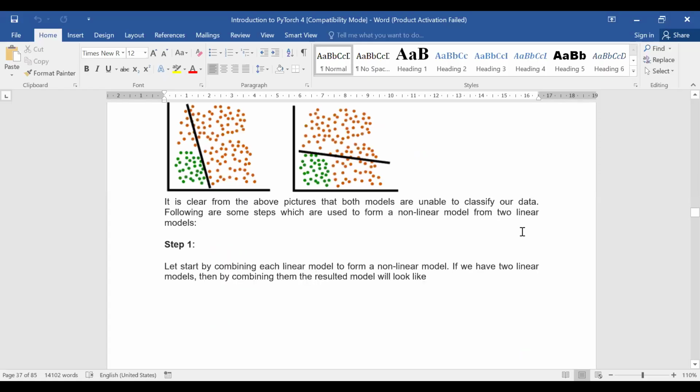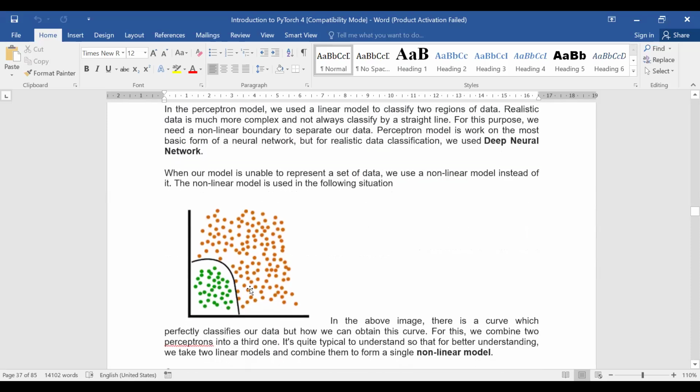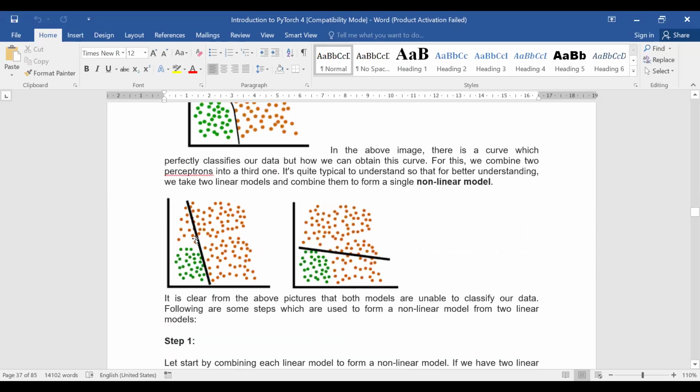Now, if you see this document, right, non-linear boundary in a deep neural network. Now see, this is our two combined data, right? So in a deep neural network, with the help of different neural networks, we predict the data. If you see this, with the help of one neural network prediction, we find this line, right? The data is separated.